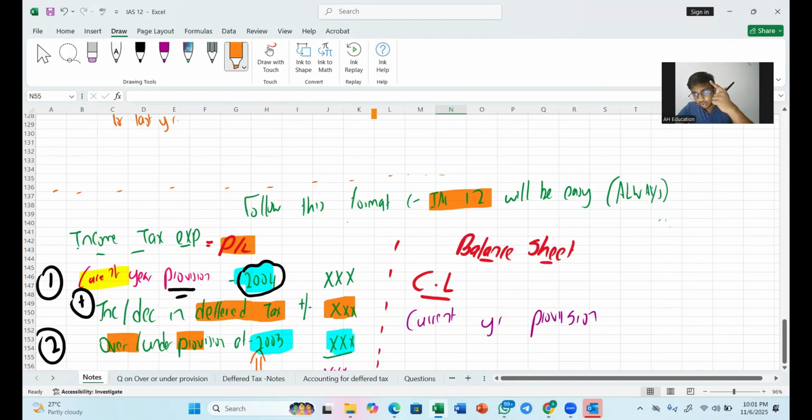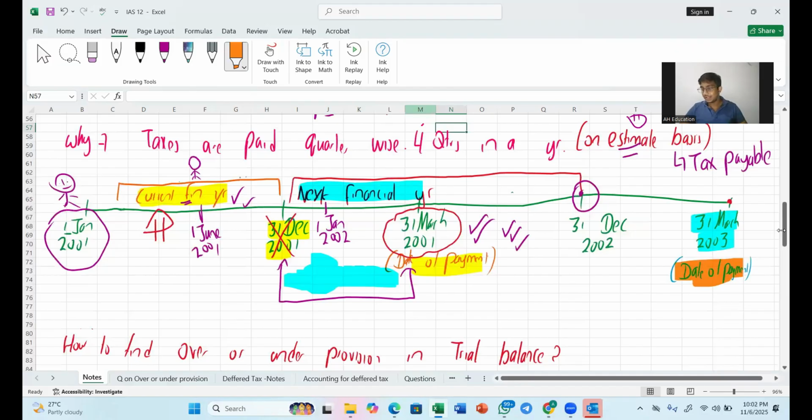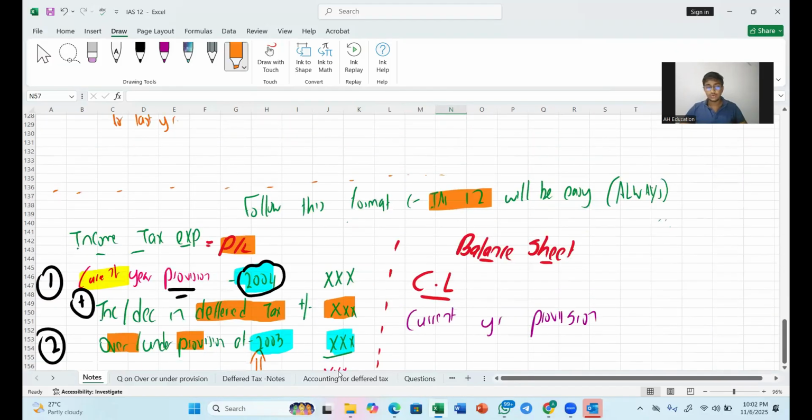Number two, your last year's either over or under provision. And finally, you will be calculating an increase or decrease in your deferred tax. Okay. Now, for most of y'all, whatever I told will be Greek. You all won't be able to understand anything. Don't worry. I'll give you all a question.